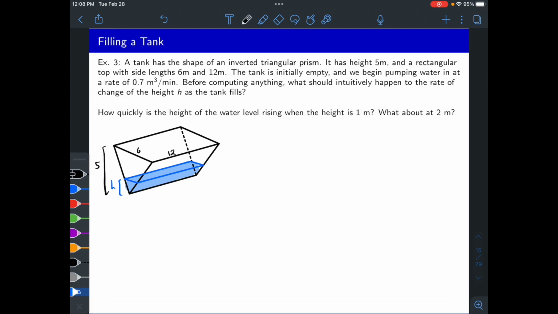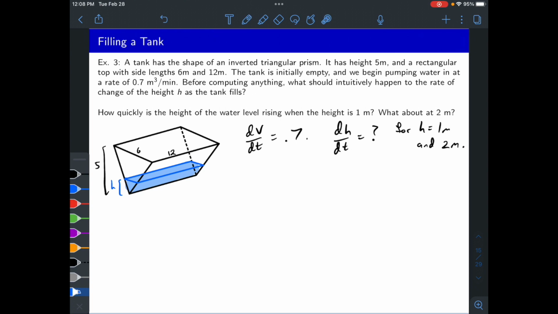So we're told that dV/dt is equal to 0.7, and we're asked to find dH/dt for various heights. So like a height of 1 meter and a height of 2 meters.